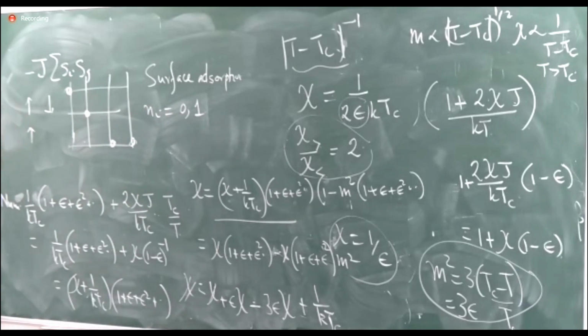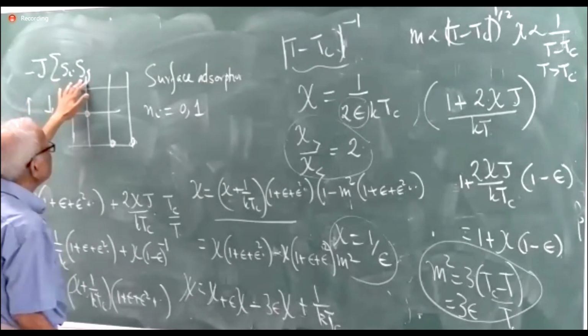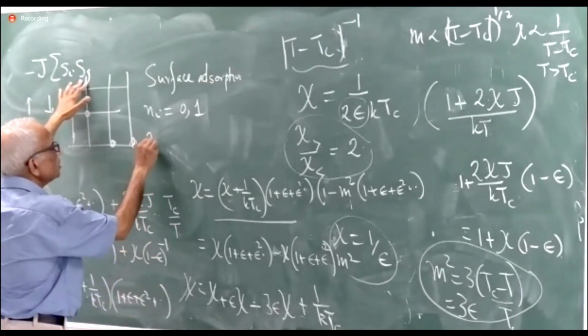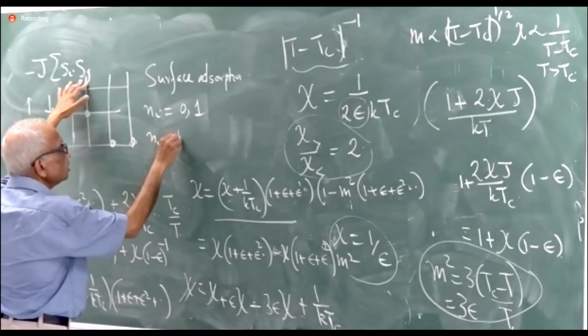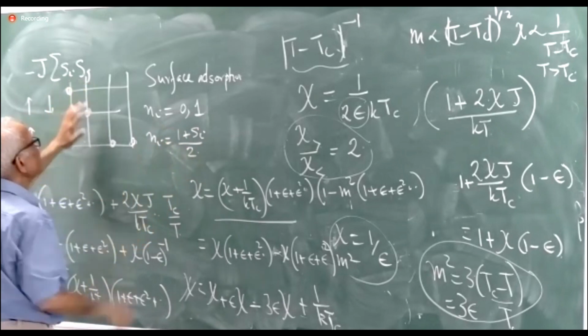It is similarly an Ising situation, which you can think of as the vacancies and the filled states interacting with each other, just as these were. Now you can consider Ni to be defined as (1 plus Si) divided by 2.